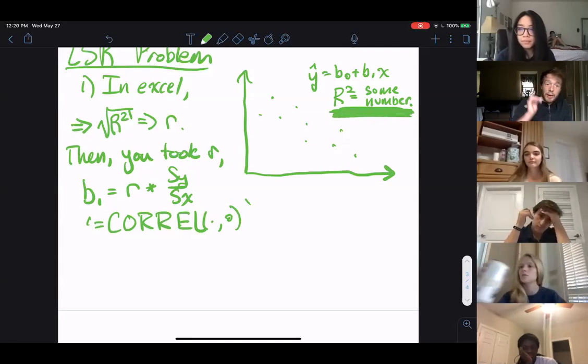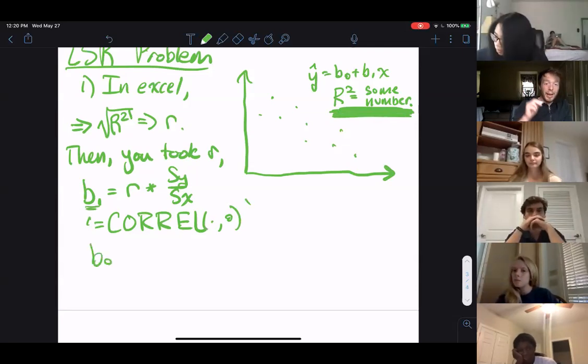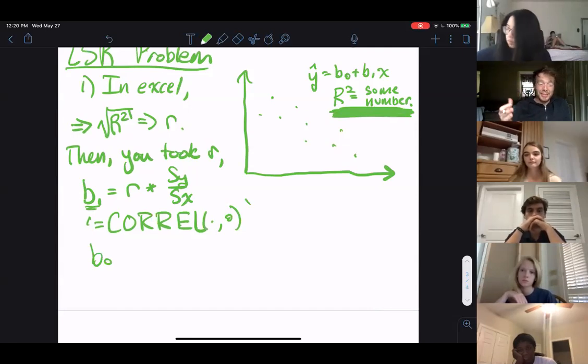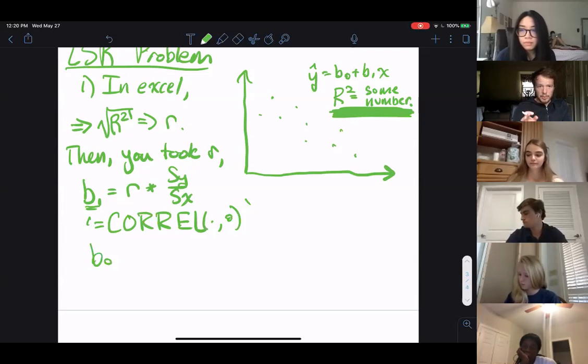And when you're calculating B1 and B0, and you round as you go, the error that you accrue by rounding as you go gets greater and greater, and by the time you get to the last number, you're so off that WebAssign doesn't allow you the correct answer. So certainly be very wary of this in the future. This is actually something that came up in our most recent homework, that you should use as many digits as you can and only ever round at the end if it asks you to round at all.